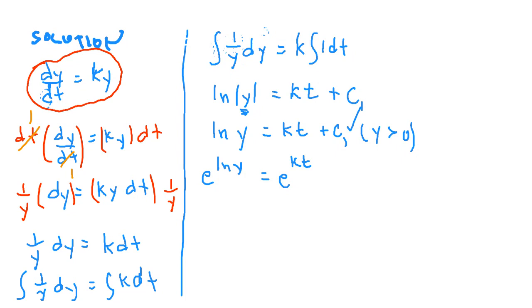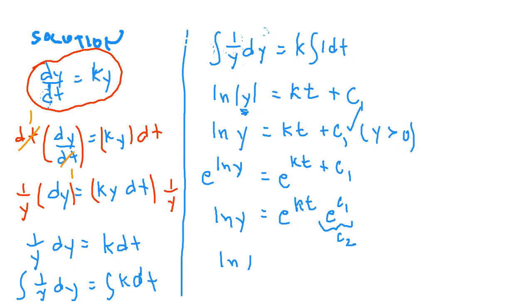Let's continue. So, okay, we're exponentiating both sides of the equation. And e to the log of y becomes y. And on the right-hand side, you have e to the kt times e to the c1 power. All right, and e to the c1 power you can write as c2. So now you have the log of, I'm sorry, I made an error here. Hold on.